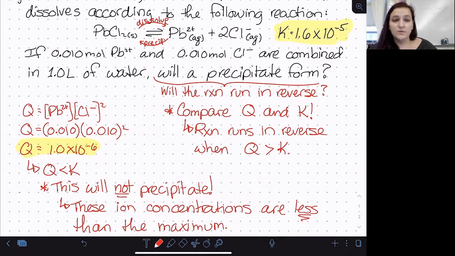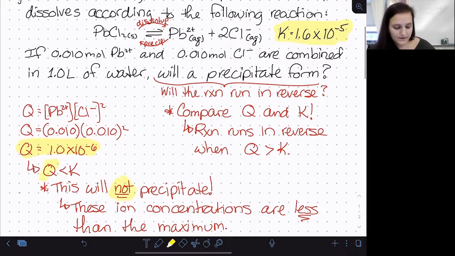So this reaction would want to run in the forward direction to reach equilibrium. If solid lead chloride was available, it would react to produce more product, that more of that would dissolve. So we would not see a precipitate in this case because our Q value is less than K. We only see a precipitate when Q is larger, meaning that our reaction wants to run in reverse.